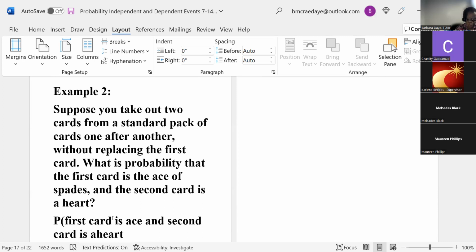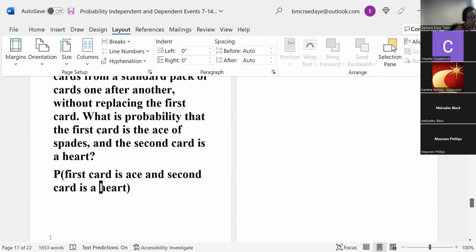Now we want to find the separate probabilities, right? Let's just take the probability of an ace.